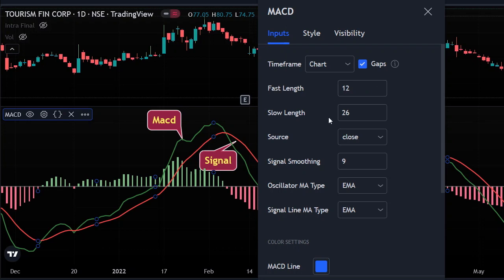Then we have a slow length of 26 exponential moving average, and then signal is a 9 period exponential moving average. Let me explain how these settings are working.